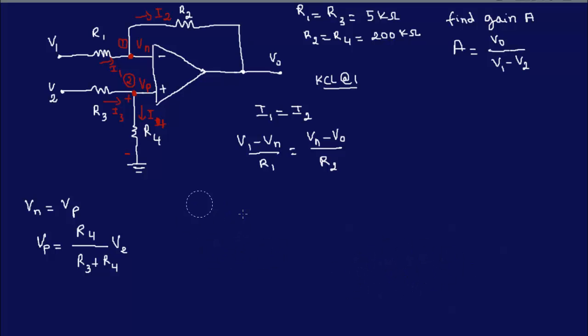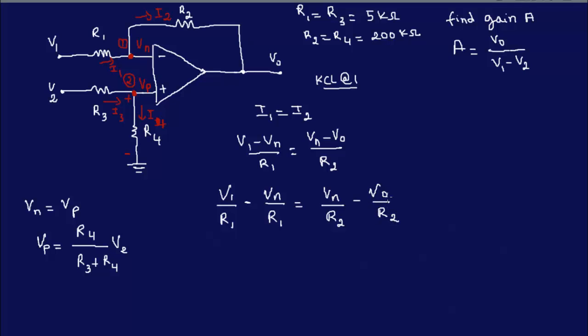Okay, so back to our problem. Now that we have VP and we know that VP is equal to VN, we can put it back in there and replace VP by its value. Just to simplify, V1 over R1 minus VN over R1 is equal to VN over R2 minus V0 over R2.